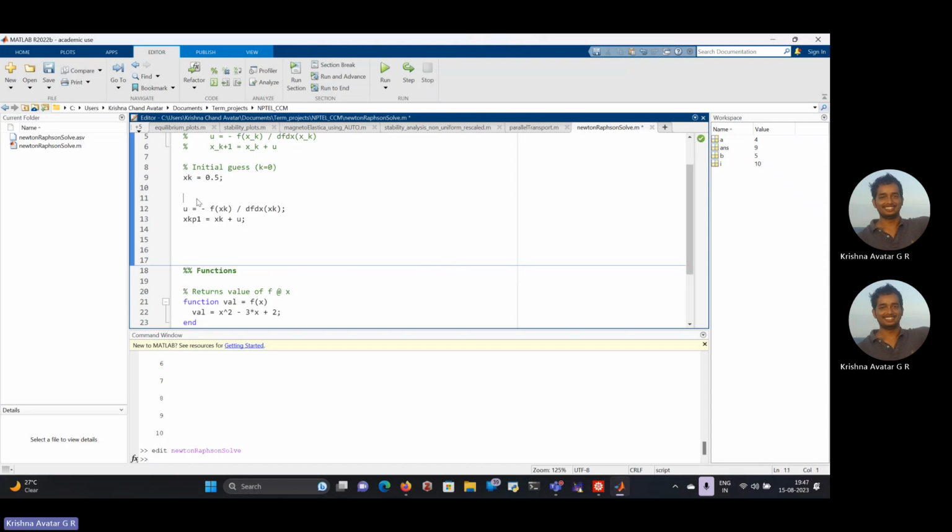Now what we need to do is keep on iterating this. But you will say, for how long? The thing is, you know that in computer systems you can never have the exact answer, isn't it? We need to loop this over.